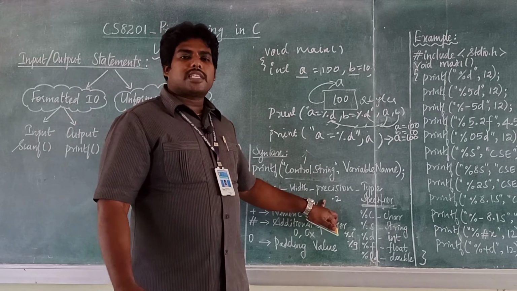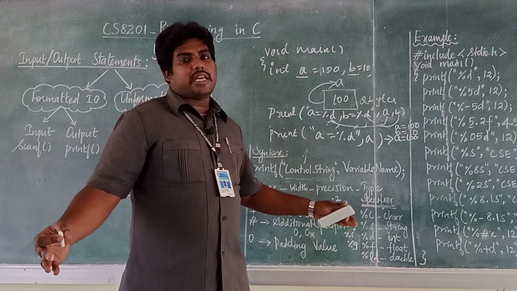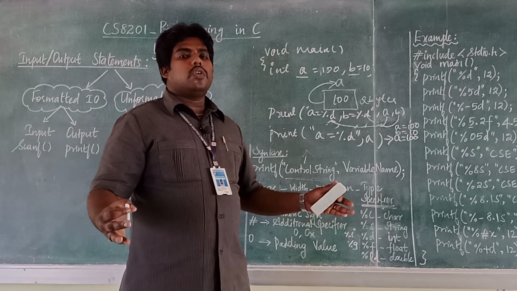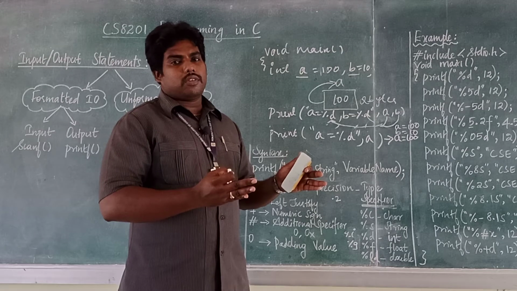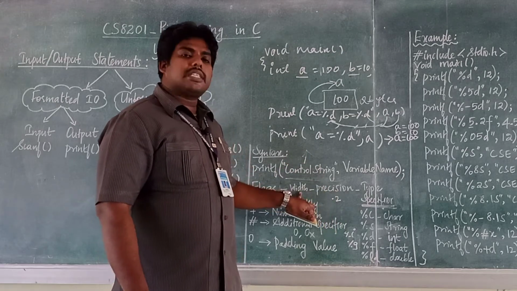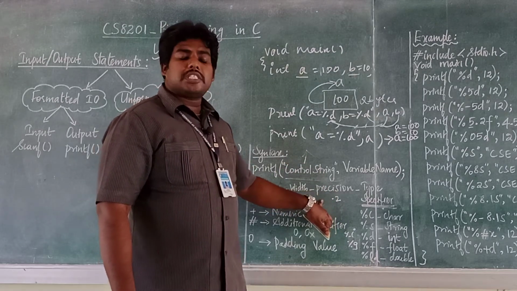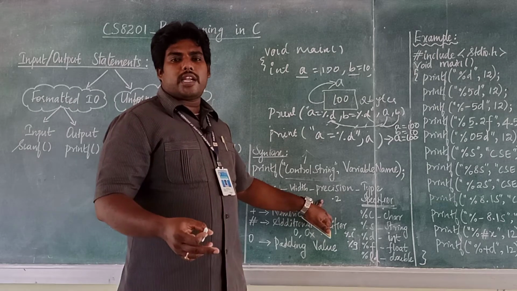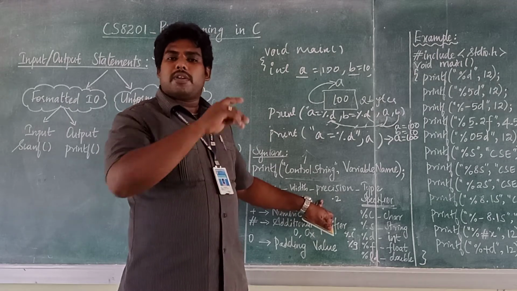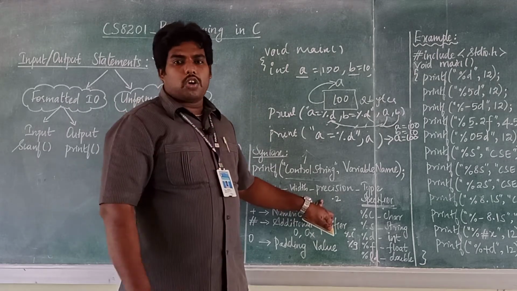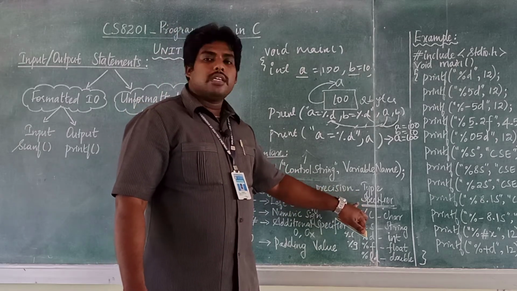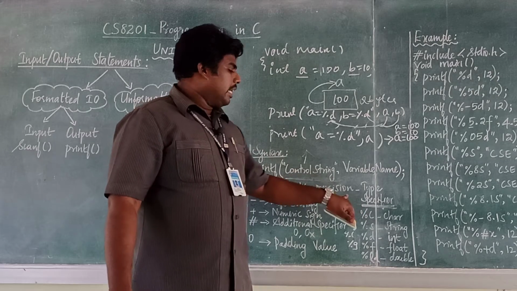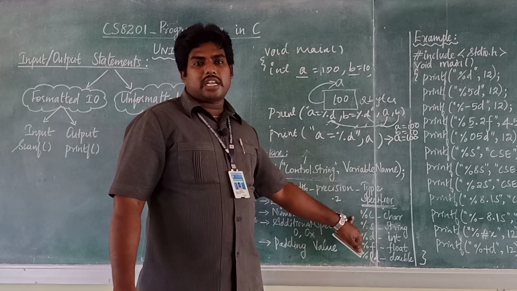Width means, for example, 10 values are there, but I want to display only 5 values in the output, so the width is 5. Precision means after the decimal point, how many decimal values should be displayed on the output screen. The important thing is the type specifier. This is the important thing in the control string. It is a must, it is not optional.